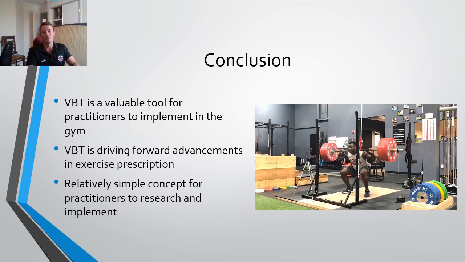Based on the current research available, velocity-based training appears to be a viable way to improve the way in which resistance training is prescribed for a variety of different performance outcomes. Velocity-based training challenges the traditional percentage-based prescription method, which is great for the ever-changing world of sport-related research.